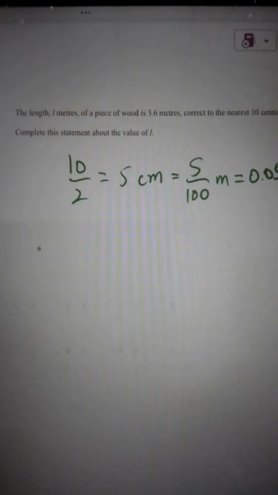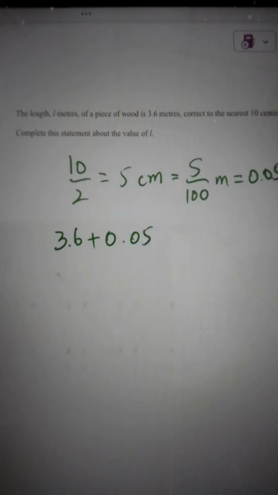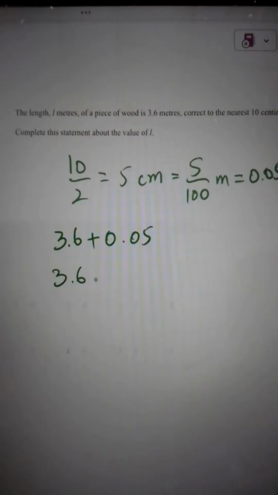So we do 3.6 plus 0.05 for the upper bound, and for the lower bound 3.6 minus 0.05.